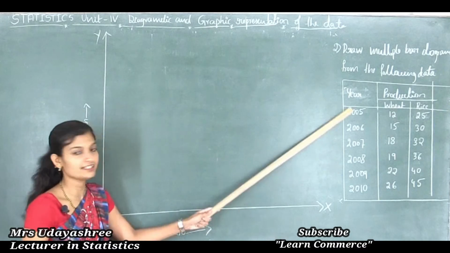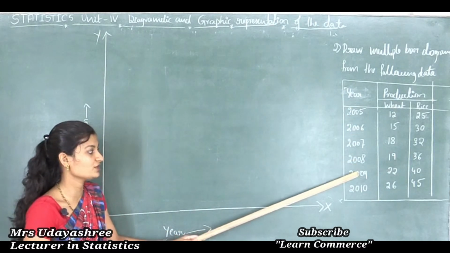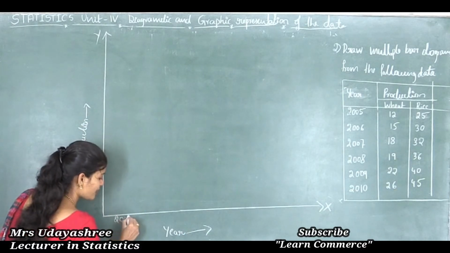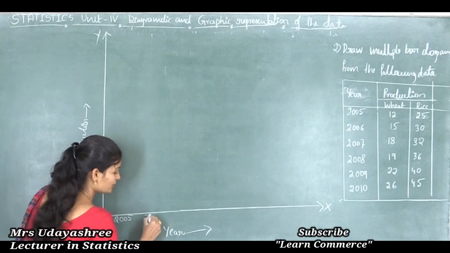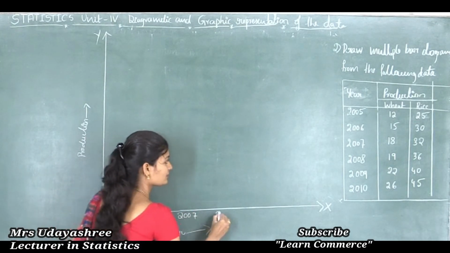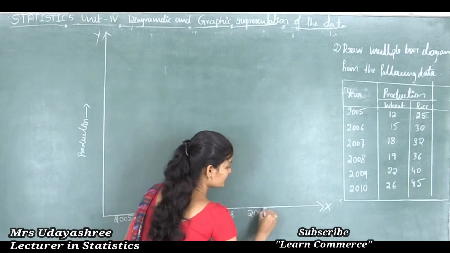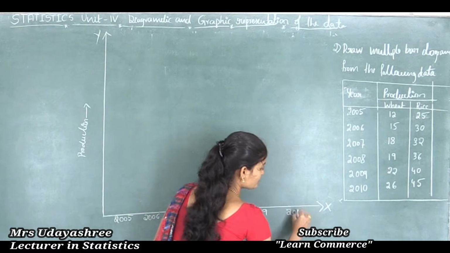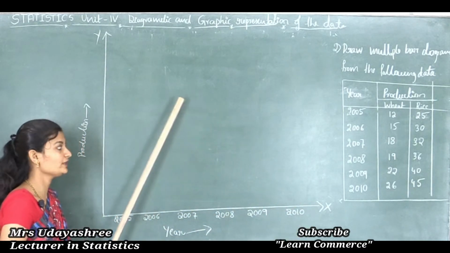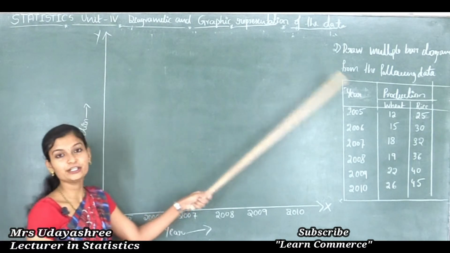The given years are 2005, 2006, 2007, 2008, 2009 and 2010, so I will write 2005, 2006, 2007, 2008, 2009 and 2010.